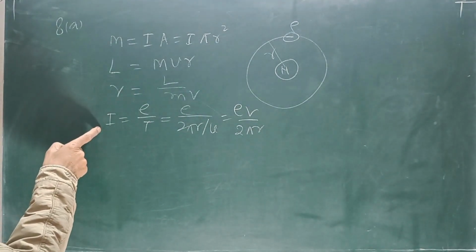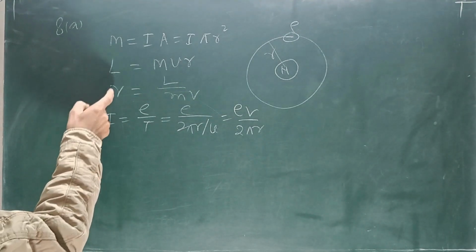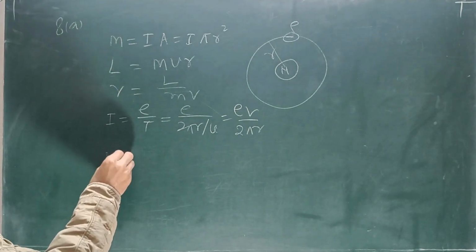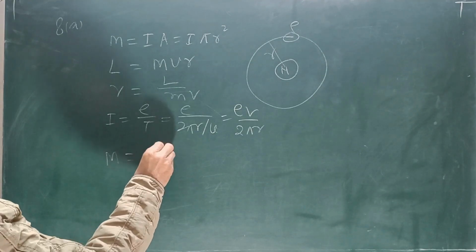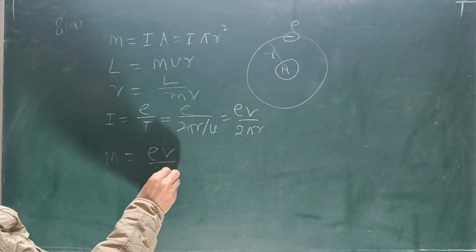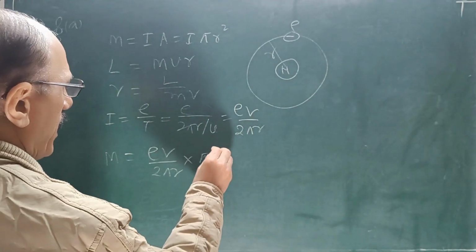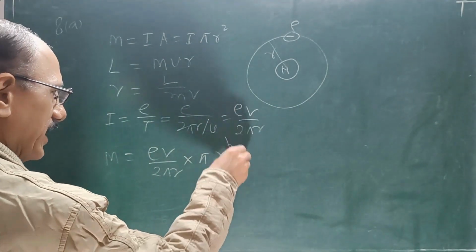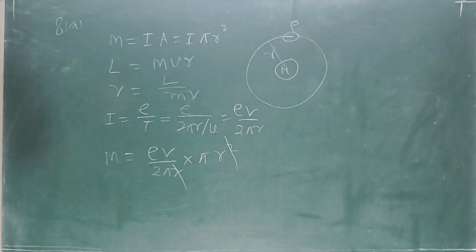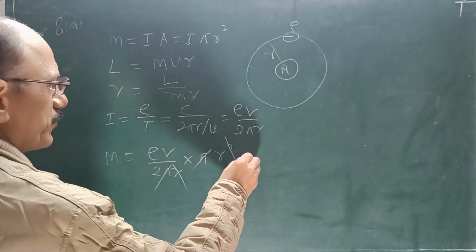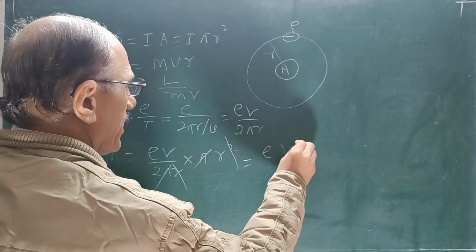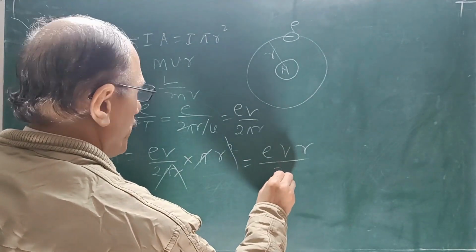Substituting the value of I and r in M, we get M equals ev upon 2 pi r into pi r squared. The r squared cancels with one r, and pi cancels out, so you get simply evr upon 2.